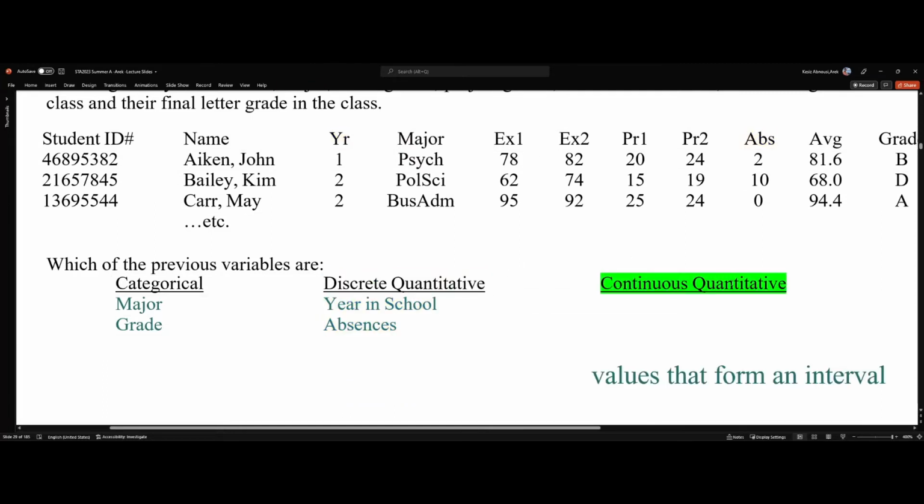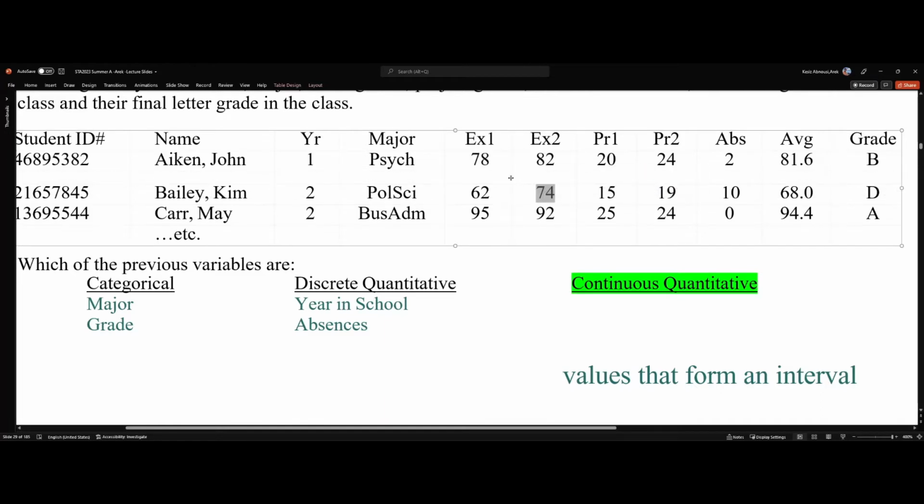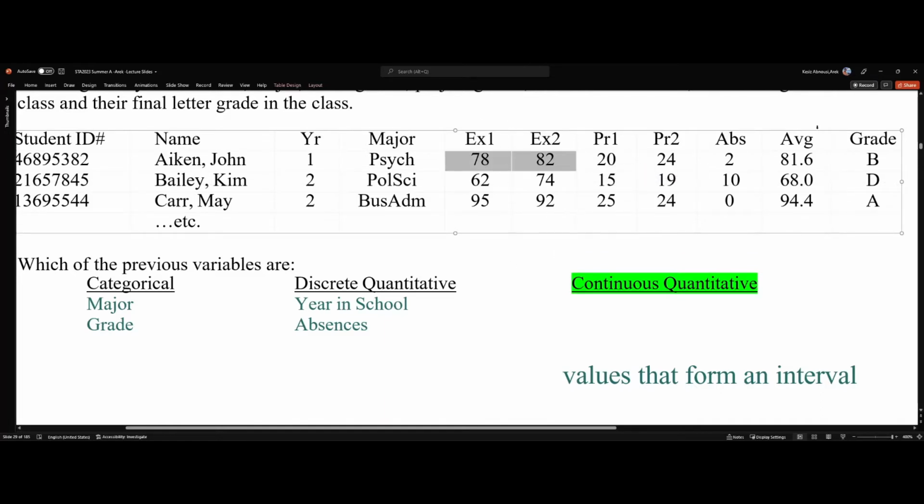And lastly, continuous quantitative variables. Even though the exam 1, 2, project 1, 2 are integers here, as I said, we can take their average and it will make sense, right? The exam 1 to average.